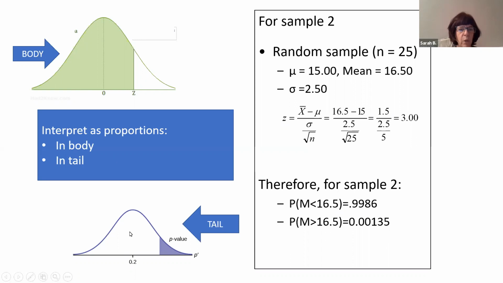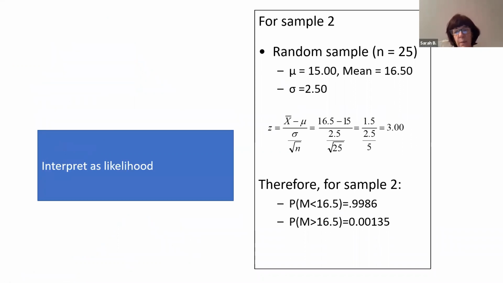So you can also look in a tail. You can interpret those as proportions, you can also interpret them as percent, I've been switching back and forth, and you can also interpret them as likelihoods. Proportions translate into probability.